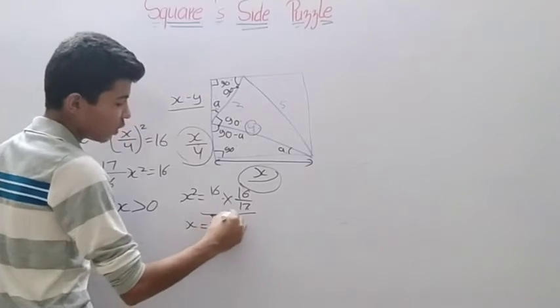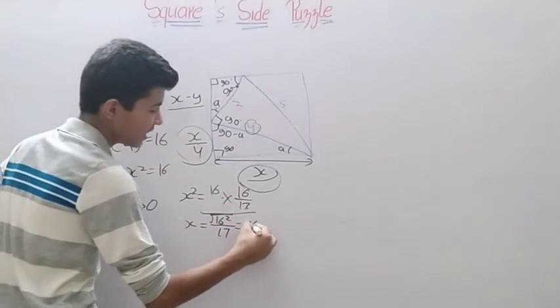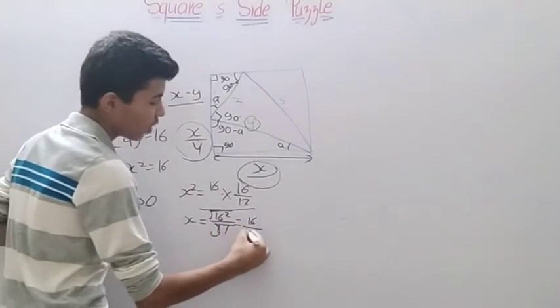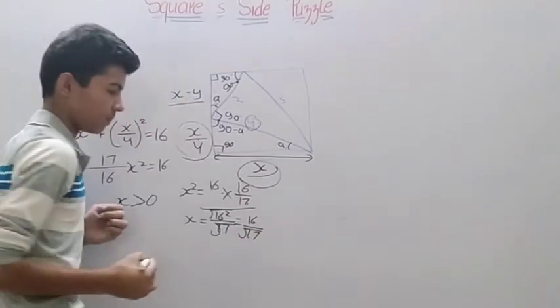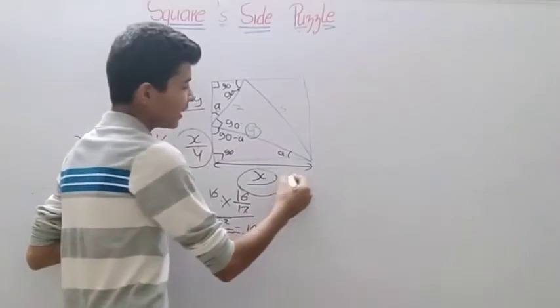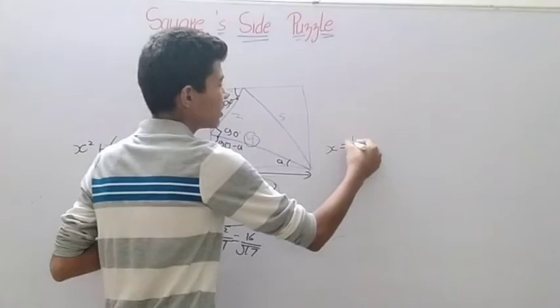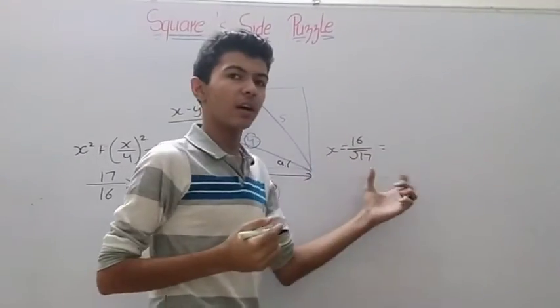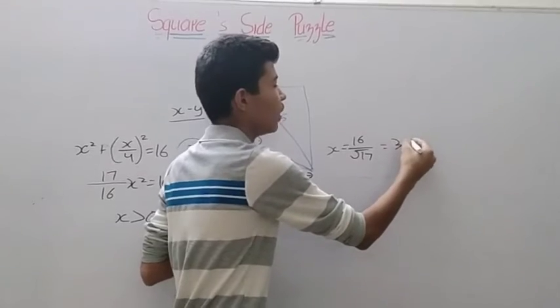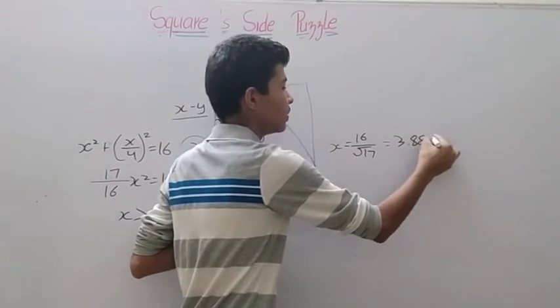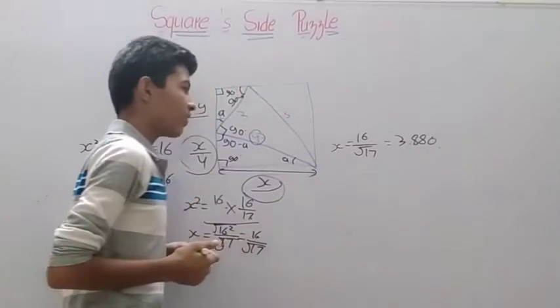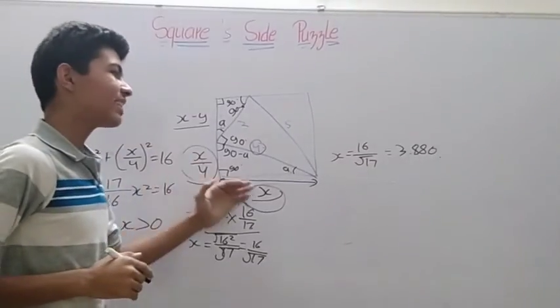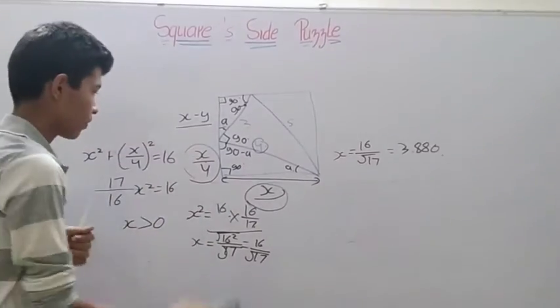Taking the under root, it becomes 16 divided by under root 17. So x is 16 divided by under root 17, which is approximately 3.880. So this is the value of the side of this square.